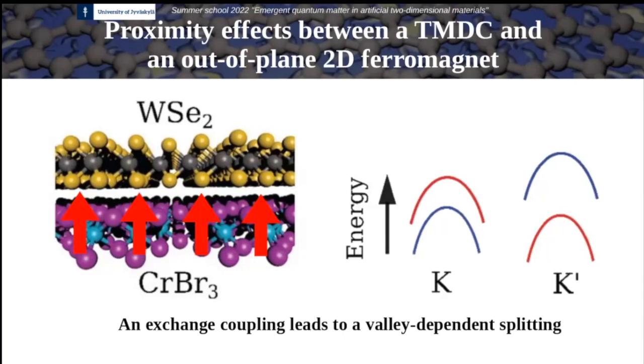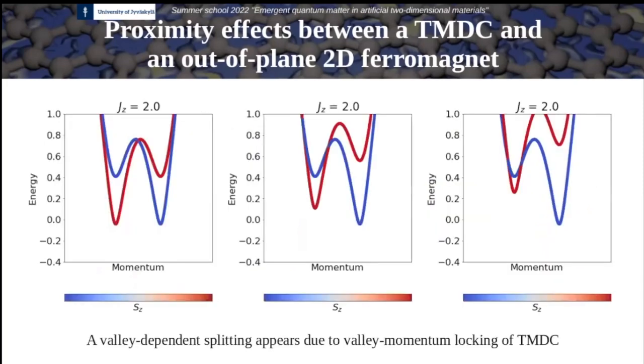If you start ramping up the exchange coupling between your two-dimensional magnet and the two-dimensional dichalcogenide, you can control the splitting of one valley with respect to the other valley. So this tells you that magnetization could control a valley current.